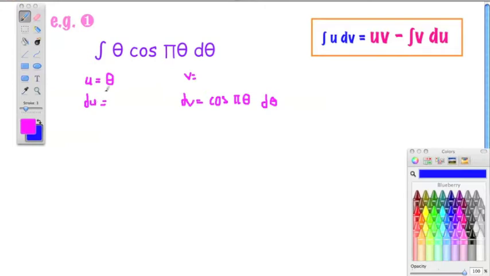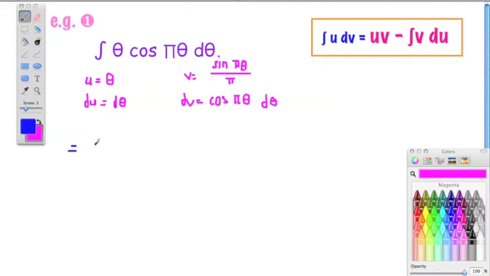To find du, we simply differentiate theta, which is 1, but we times it with d theta. And to find v, we integrate cos pi theta, and we will get sin pi theta. Differentiating pi theta, we get pi, so we will divide by pi. Then we put it into the formula.